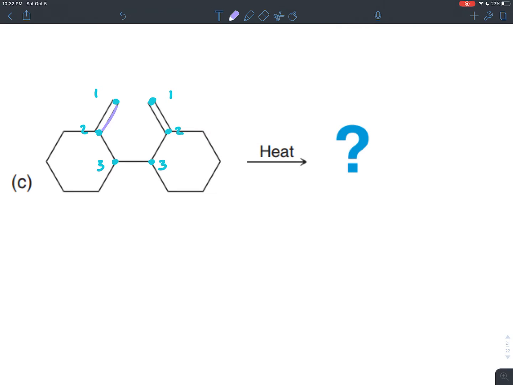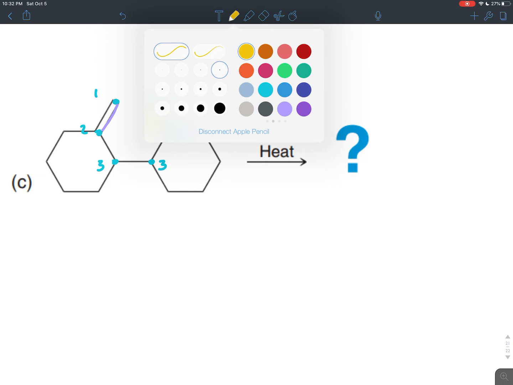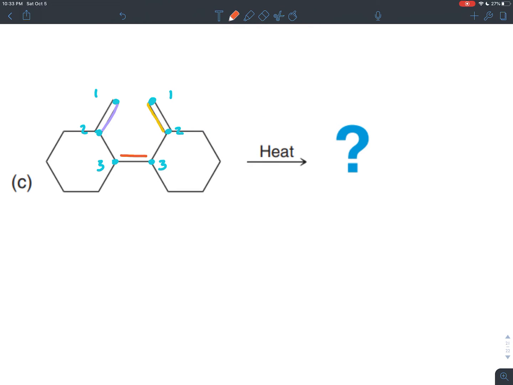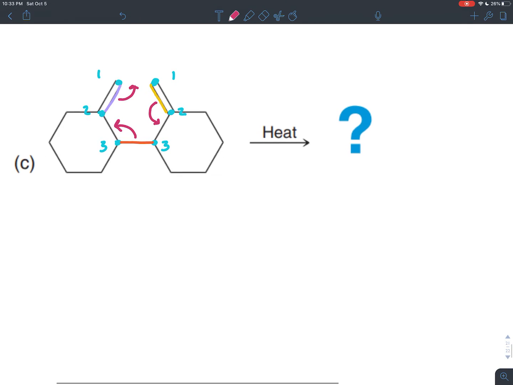So I'll draw in the electrons that we're going to move in different colors. Oops, so that's what we had. And now we can just move those around in a clockwise ring. And the product that we'll get: this orange bond will now go here.